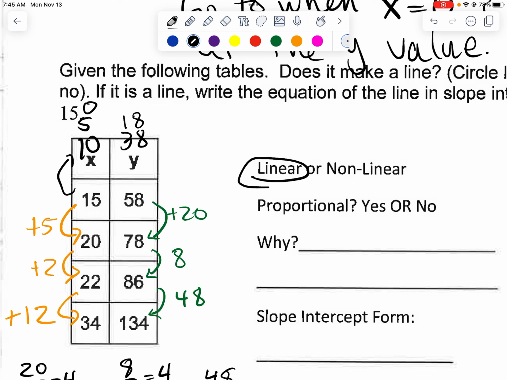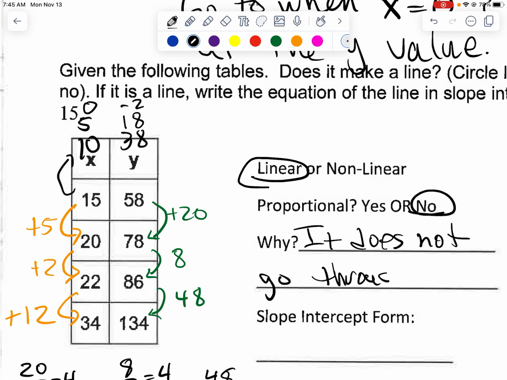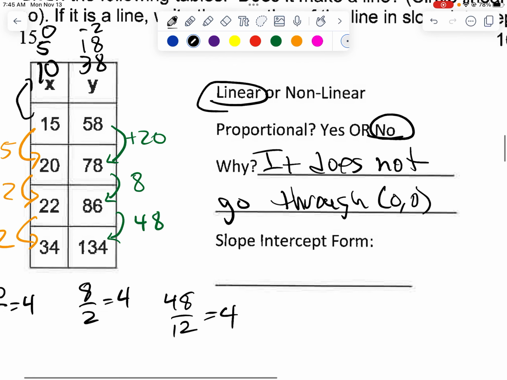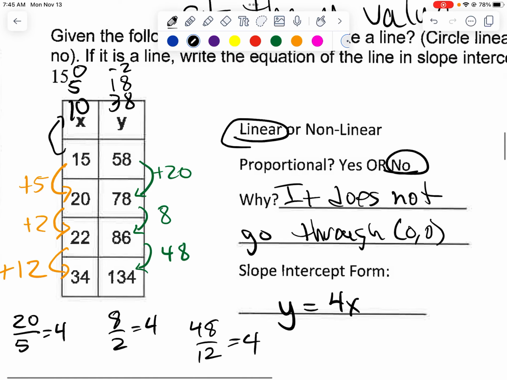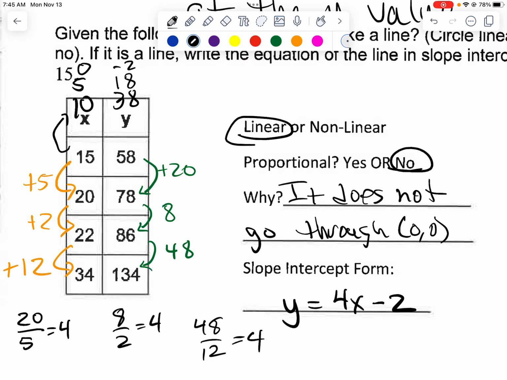If I went to 0, that would give me -2. So no, it is not proportional. It does not go through 0, 0. Slope-intercept form, y equals, the slope was 4, the y-intercept was -2, and there you have it.